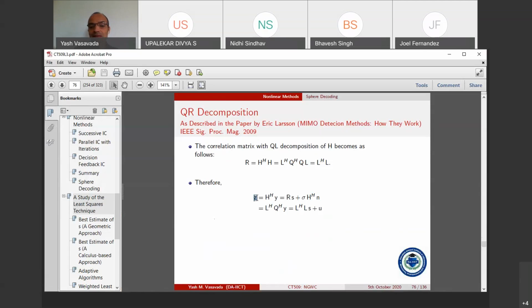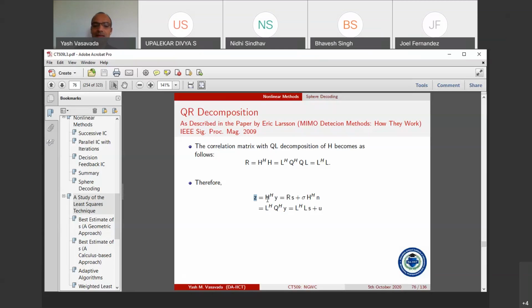So vector z is the vector of sufficient statistics. What is the other way to interpret vector z, which is H transpose Y? Match filter, single user match filter. Yes.